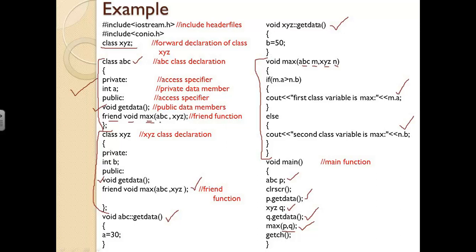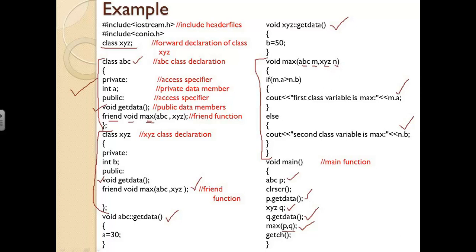Here, the class names for which we are making this function a friend function are given. Here also you can give the object name. In the function definition, I have given the object, or since it is a formal parameter, I have used some variable.